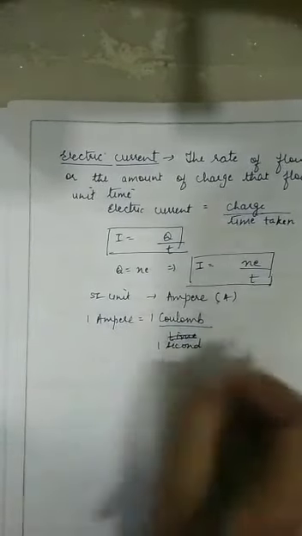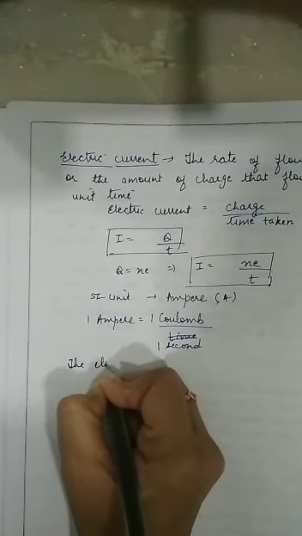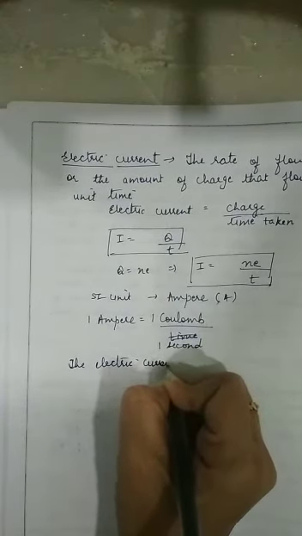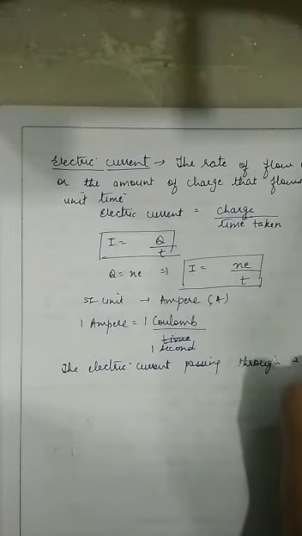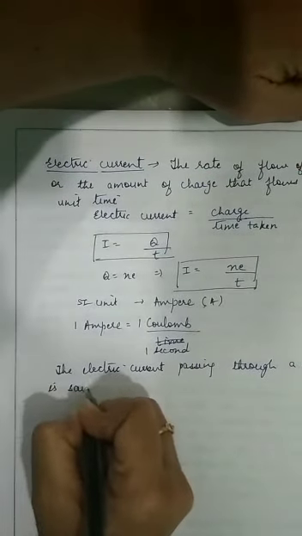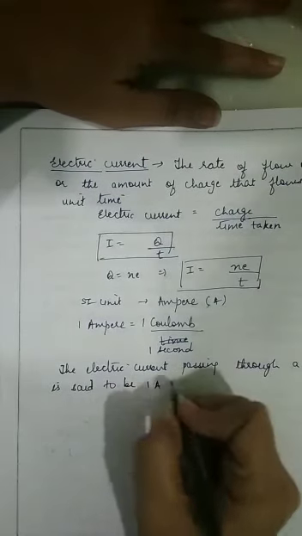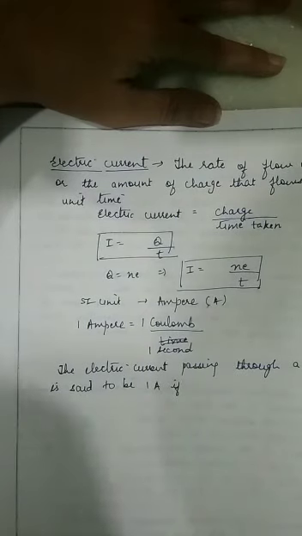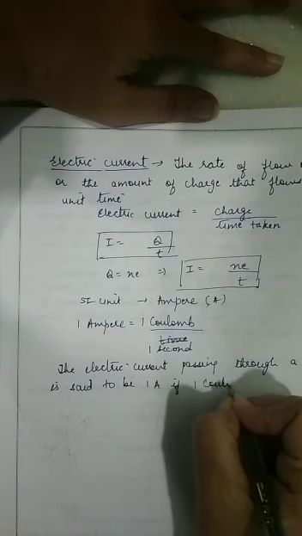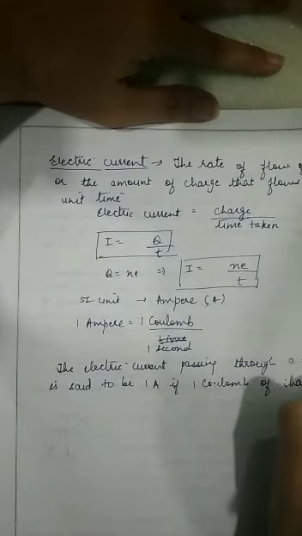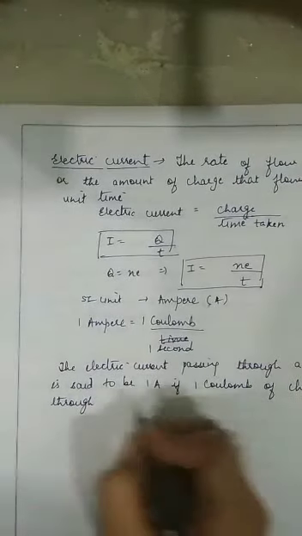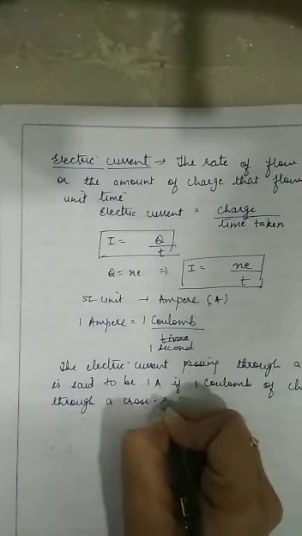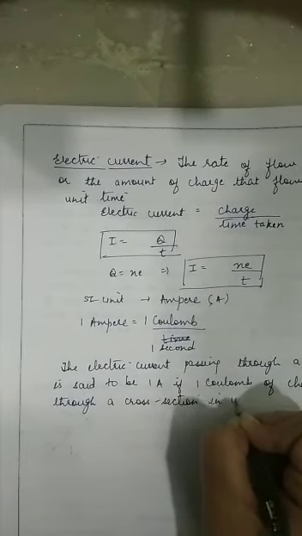That is, 1 ampere: the electric current passing through a conductor is said to be one ampere if 1 coulomb of charge flows through a cross section in 1 second.